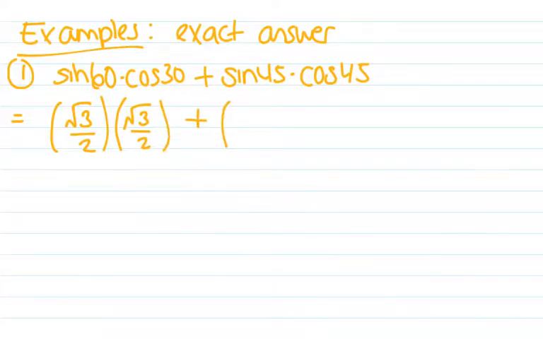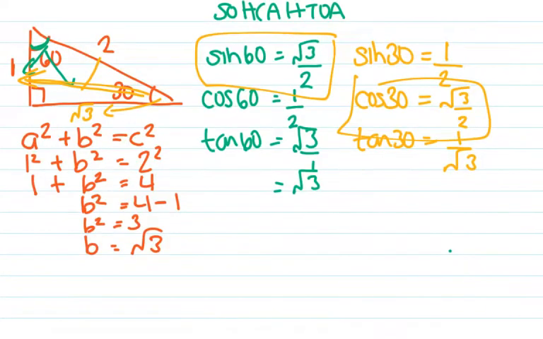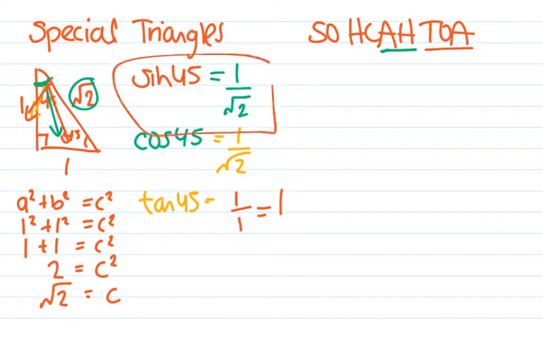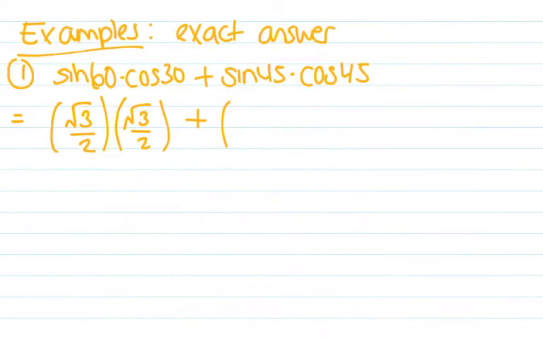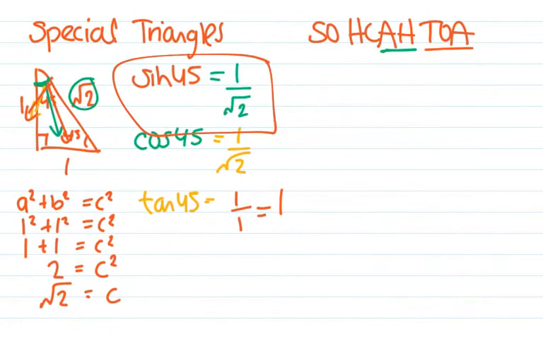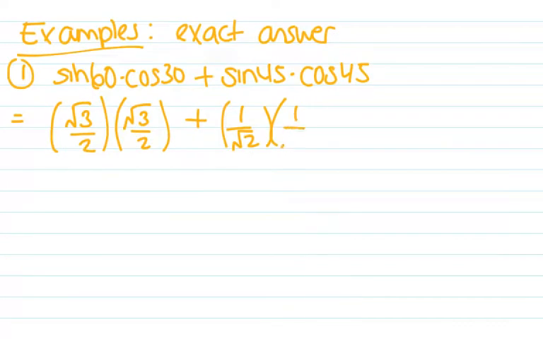Plus sine 45, go back one more, sine 45 is 1 over root 2. And then cos 45 is also 1 over root 2.